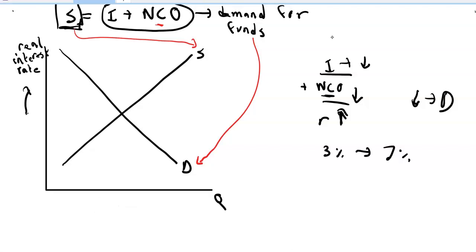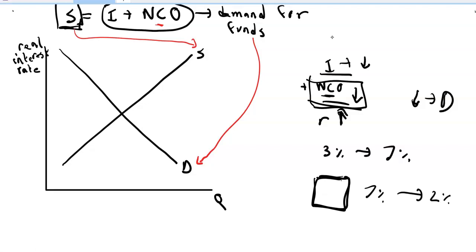If you want to think about it in words, if interest rate goes up, maybe domestic investment may fall, but seeing that I get a higher rate here, I may want to invest more into this country from abroad. Similarly, if interest rate decreases, so let's say it reverses from 7% to 2%, then domestic investment will go up.